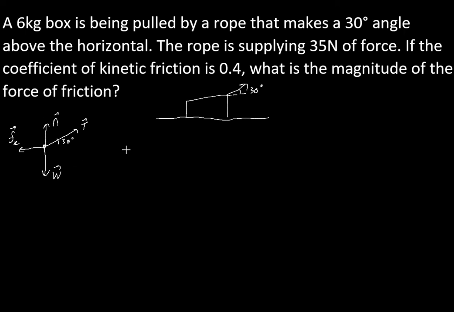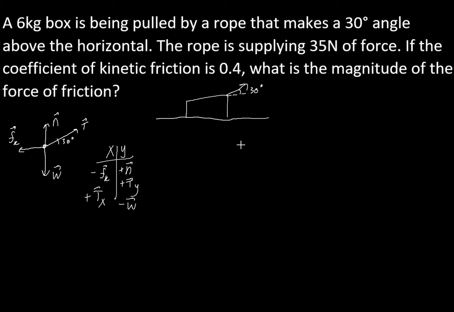So here is our free body diagram. Last thing I need to look at is my chart, x and y. In the x direction, I have kinetic friction going to the left, and the x component of tension going to the right. In the y direction, I have normal force going up, the y component of tension going up, and weight going down.